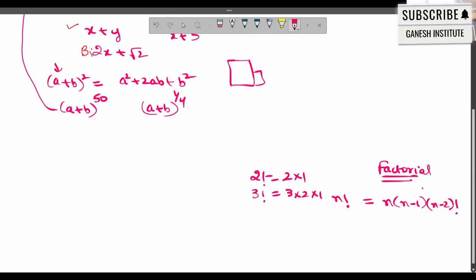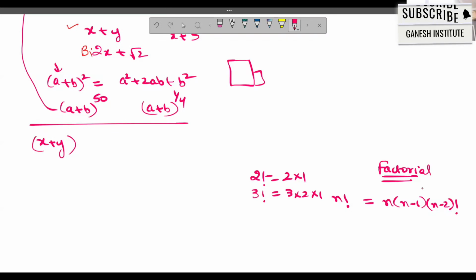So if I have to find out the binomial expansion of anything, I need to have a binomial term, let's say x plus y, and its power. You start with nCr, you start with 0.